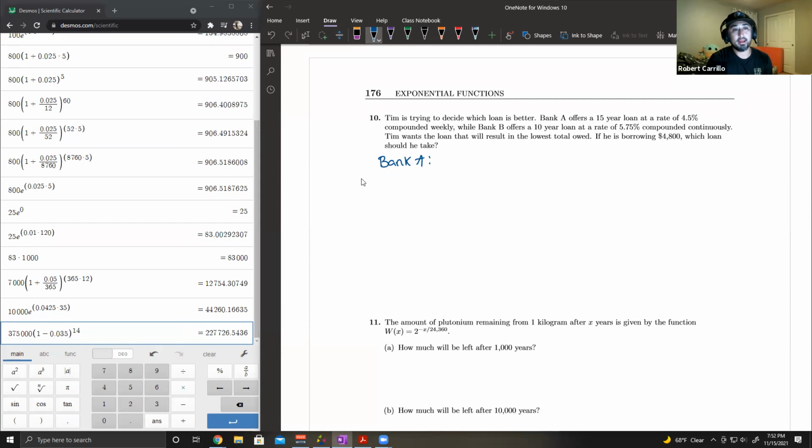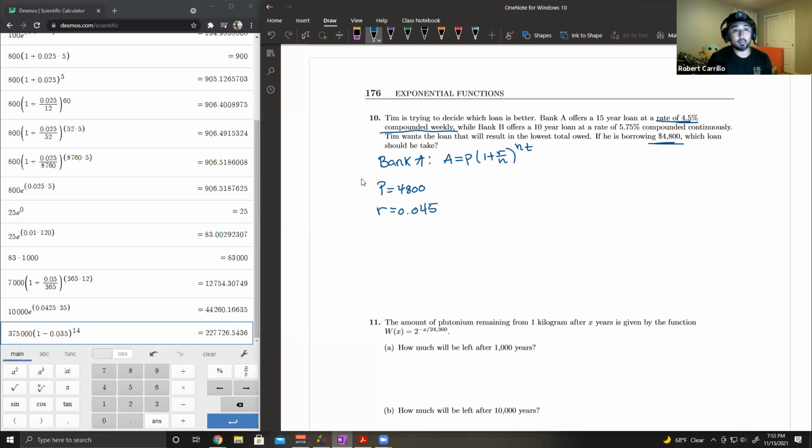All right, so Bank A, first off, we are compounding weekly. So Bank A is going to use the compound interest formula. And let's see. We want to borrow $4,800. So there's our initial amount. $4,800. And Bank A will give Tim a rate of 4.5%. So 0.045.